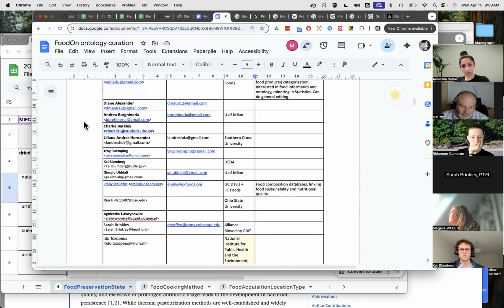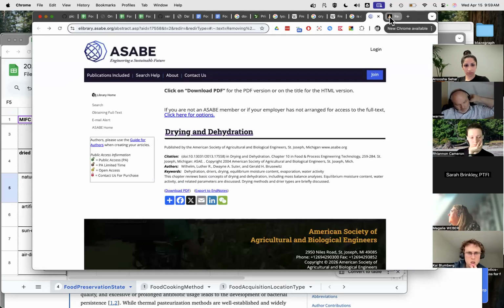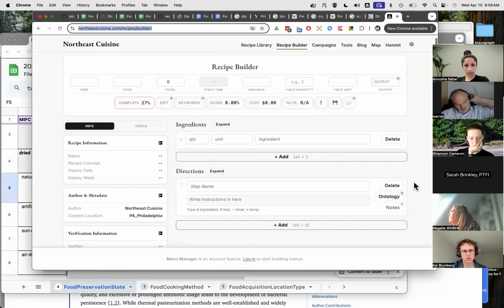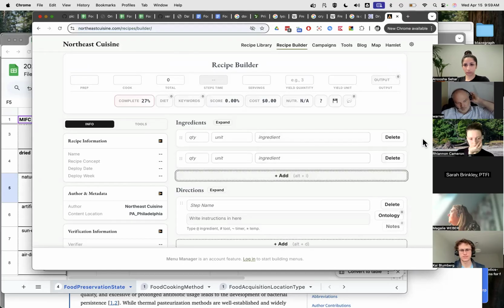But he was interested in applying ontologies to it and seeing how a FoodOn model might work. It would then be backed by PTFI data. The idea is to have swaps on many different dimensions, from affordability to more ecological dimensions like environmental sustainability, and allergens and things like that. So, really cool project.